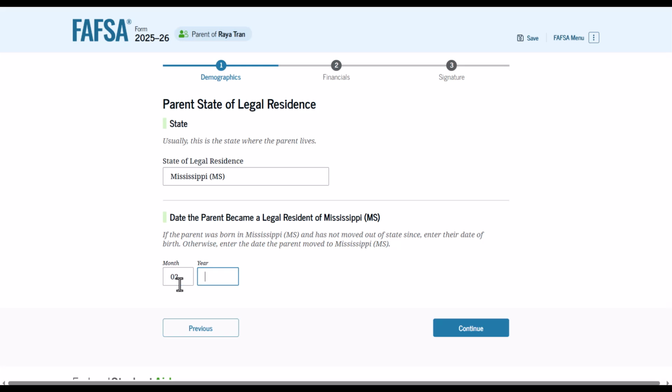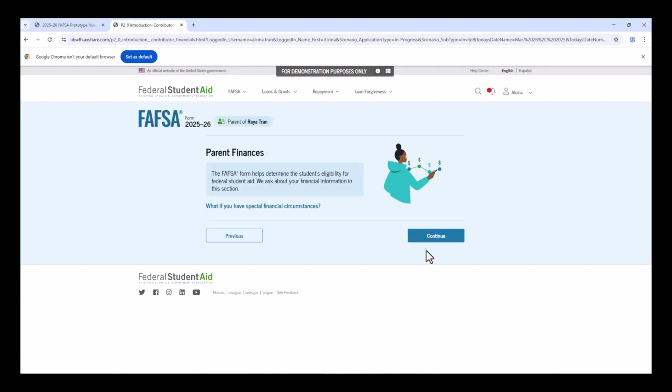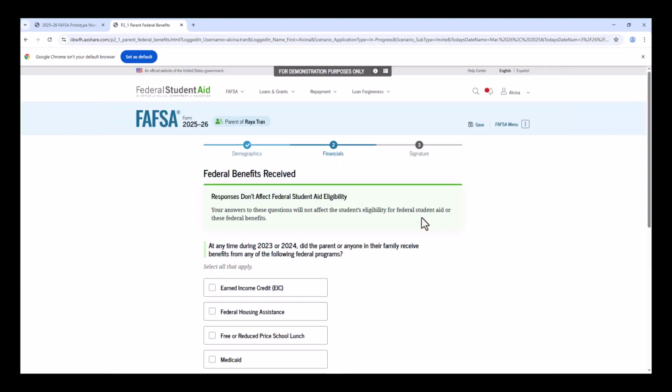So if you've been here your entire life, it'll be the month and year you were born. If not, just give a guesstimate of when you became a legal resident of that state. And then we're entering into the parent finance questions. Let's just go ahead and continue on.